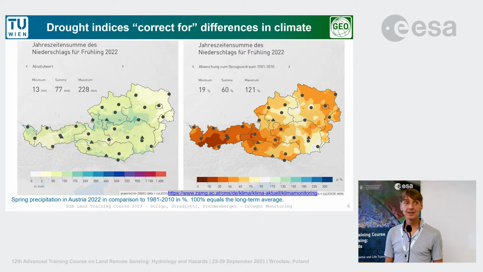So 13 is very little, of course. That's for our climate, which is similar, maybe slightly wetter than it is here. And you can see at the right that there is a very strong deviation. So you can talk in percentages of deviation from the mean state.